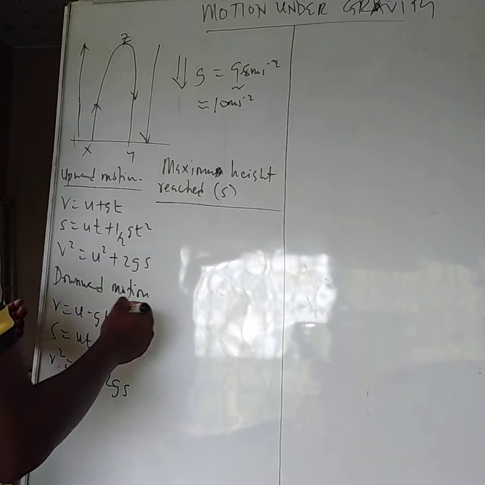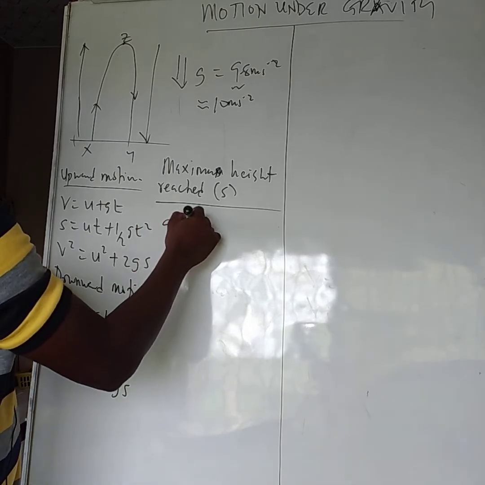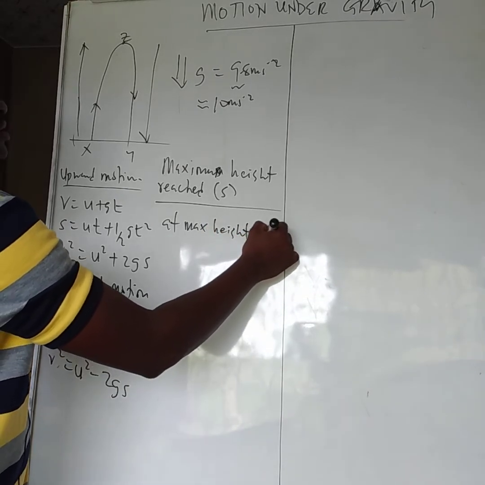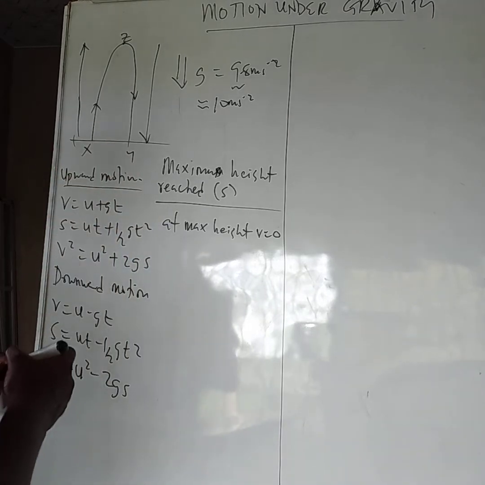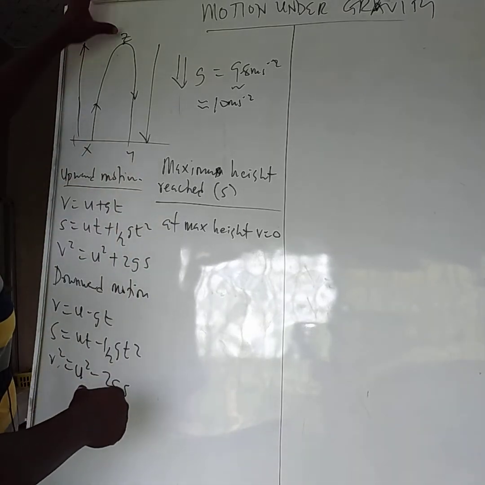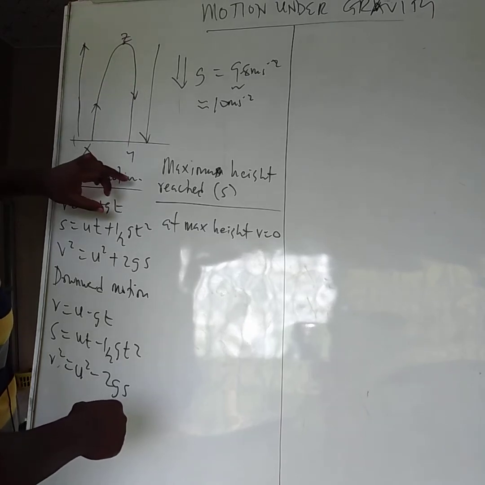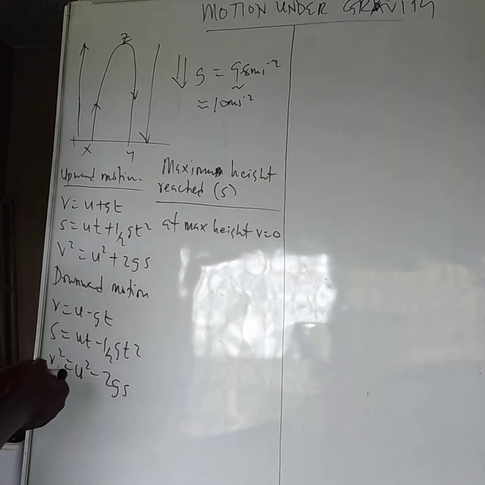Before we can derive our equation, we can say that at maximum height, the final velocity is equal to 0, because initially when you throw the object, you give it a velocity, but when it moves and gets to this point, it halts for a while before it comes down. Therefore, the final velocity is equal to 0.